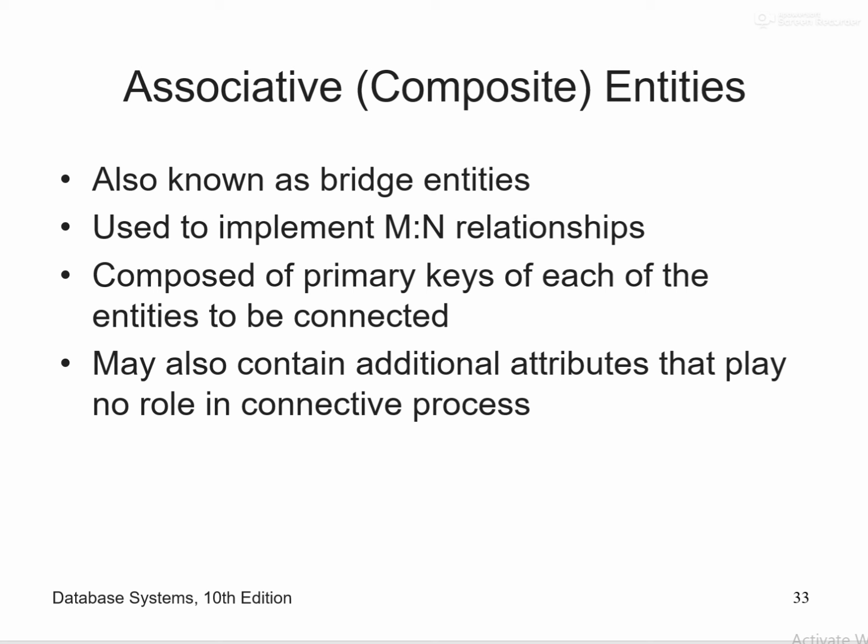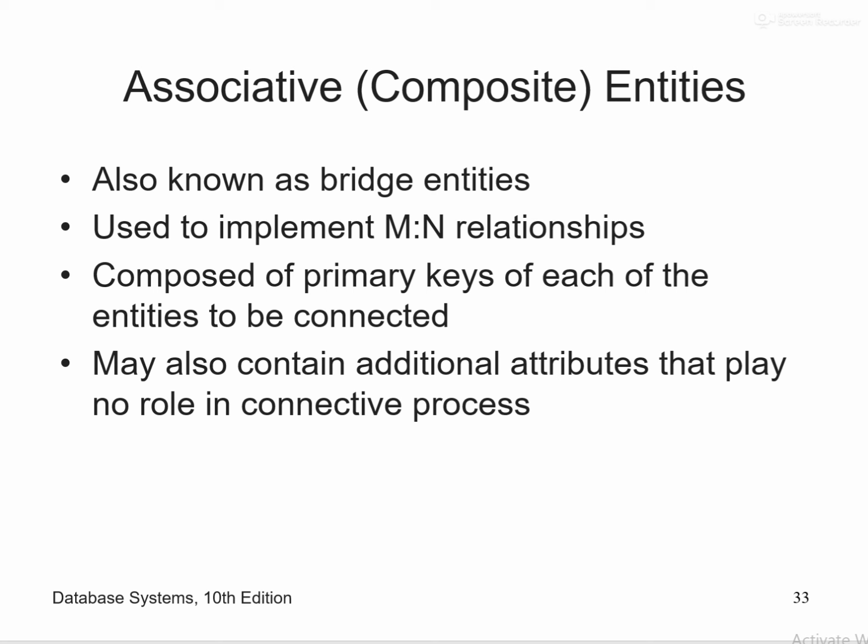Okay, many to many relationships are a valid type of relationship at the conceptual level, and they are found frequently when we are doing the ER modeling process. But when we are implementing a many to many relationship, especially in the relational model, it needs the use of an additional entity which we call an associative entity.